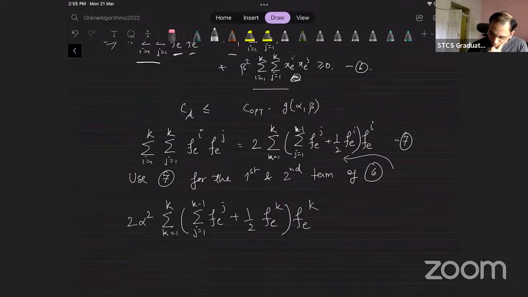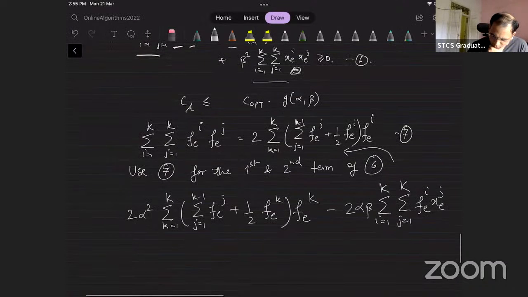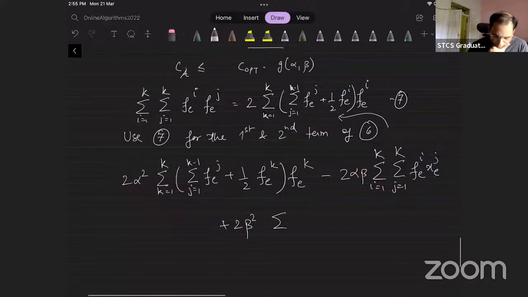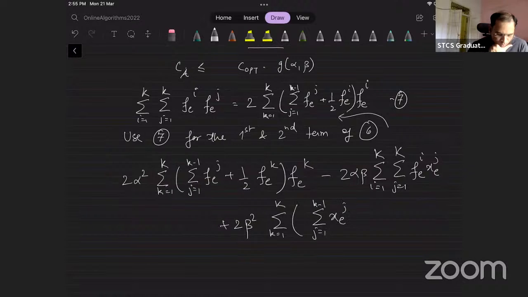So that's the first term, minus 2 alpha beta. That is as before, no change. Is a cross term between f_ei and x_ej, plus the 2 beta square term, which is again sum over little k equal to 1 to capital K, j equal to 1 to little k minus 1, x_ej plus half x_ek times x_ek.